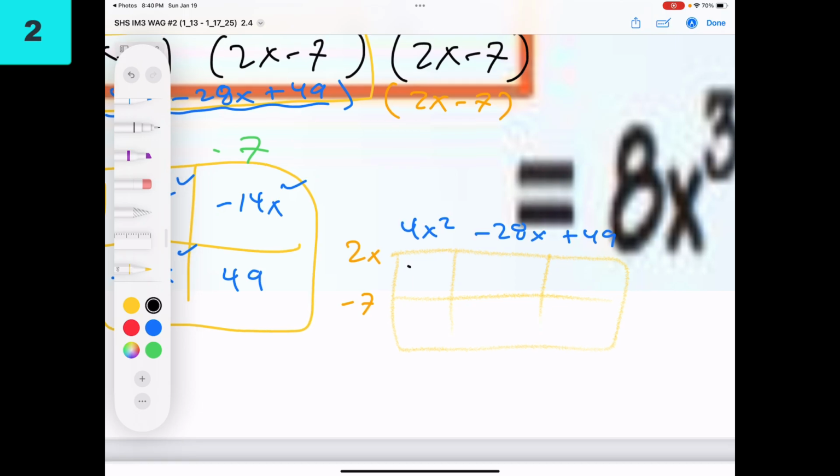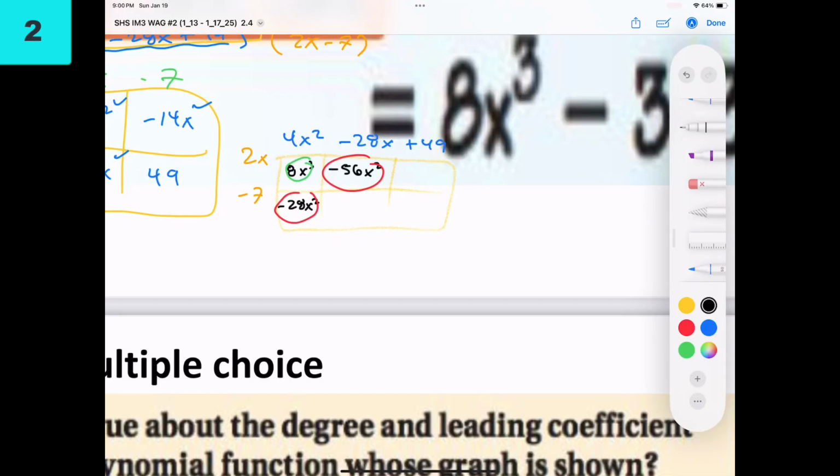So this will equal 8x cubed minus 28x squared minus 56x squared. Okay, so let's multiply those. That'll give us 196x. This will give you 98x, negative 343.